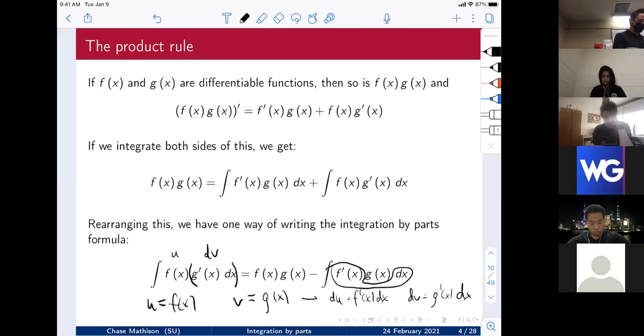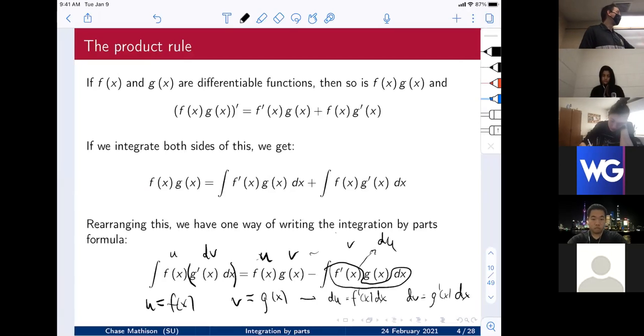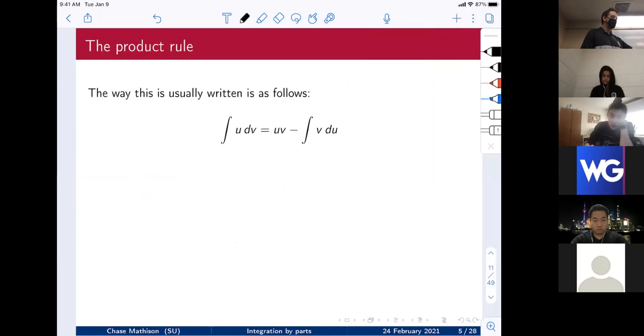That equals f of x is u, g of x is v, and this is minus the integral of, well, g of x is, again, v, and f prime of x dx is du. Okay, so this is the way almost everyone usually writes it: the integral of u dv is equal to u times v minus the integral of v du.